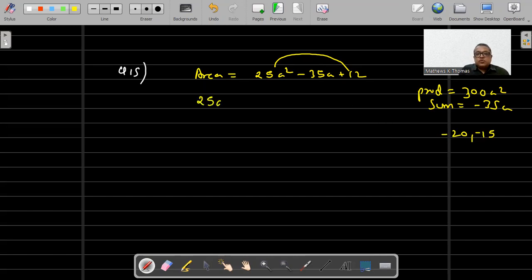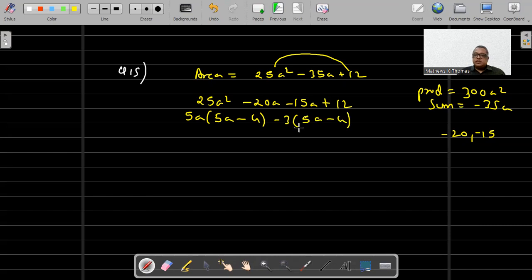So 25a square minus 20a minus 15a plus 12. Splitting the middle term. Take common here, 5a is common. So 5a common, I get 5a minus 4, minus 3 common, 5a minus 4.